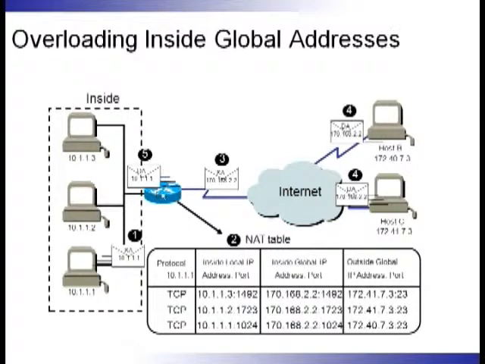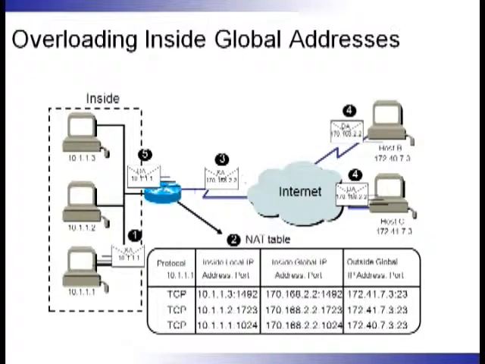So the router keeps track of us based on our source port number. So in other words, if I come out here, I make up a source port number, this router remembers it and forwards it based on destination port 23, source port number 1492, or in this case, 1024 for 10.1.1.1. When this sends data back, it's going to say destination port 1024, send it to 170.168.2.2.